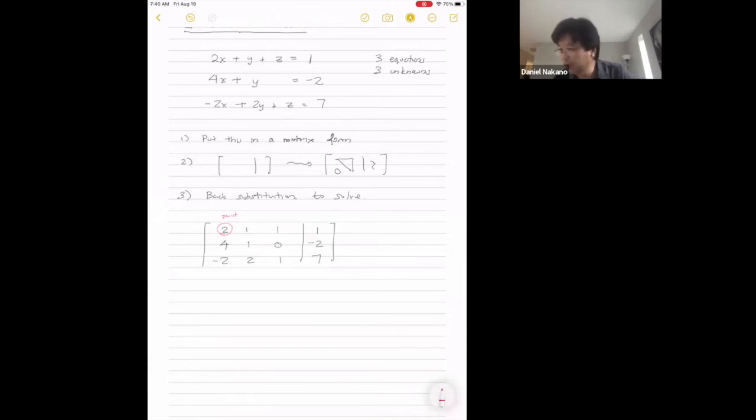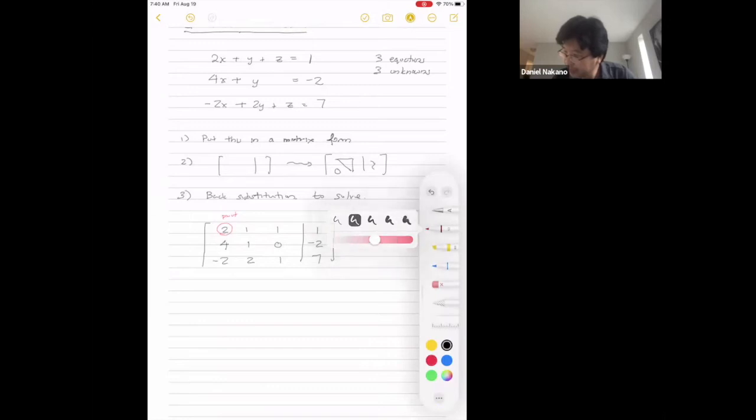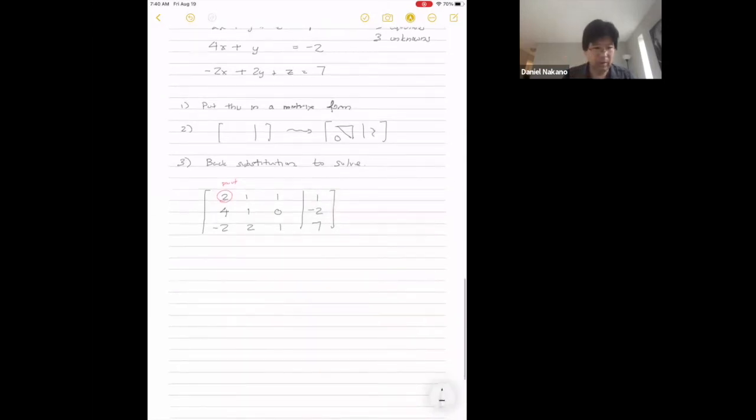Okay, so here's how we do that. The idea is I'm going to knock out the 4. So in order to knock out the 4, I have to multiply 2 by minus 2.